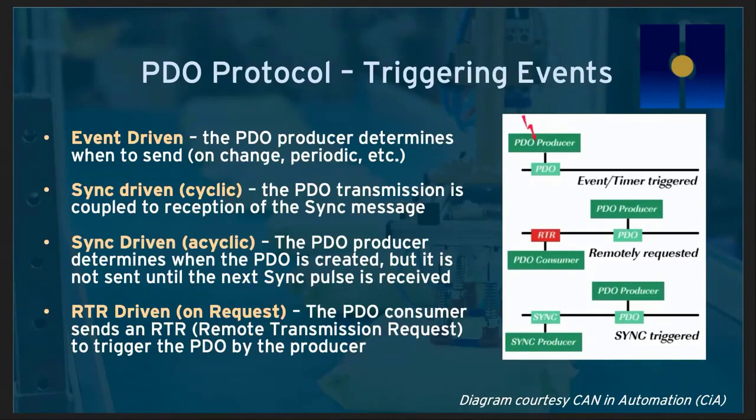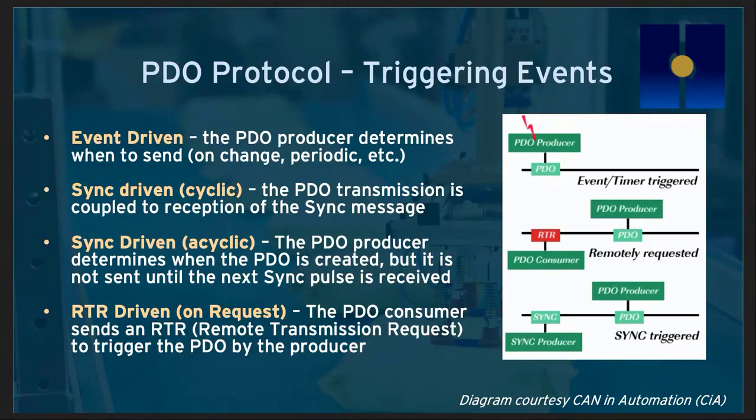Okay, now let's talk about how PDOs are triggered. We talked about the fact that PDO stands for process data, and it's data that's sent out at runtime. Another nice thing about the way PDOs can work is you have flexibility in terms of how or when that PDO data gets transmitted.